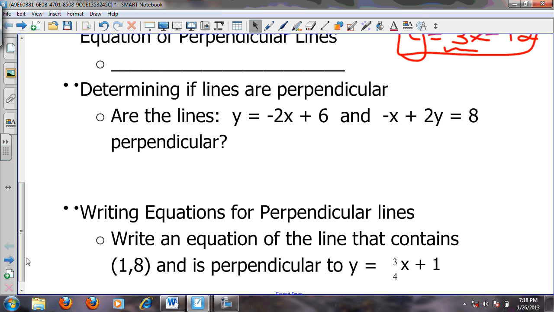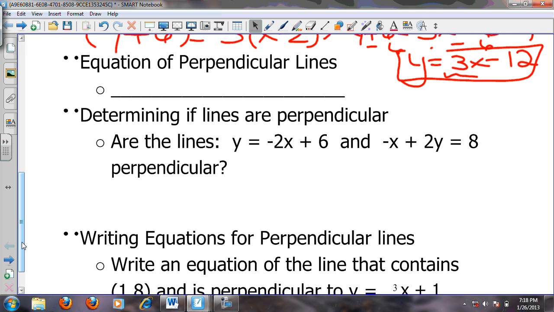So perpendicular lines have the negative or the opposite reciprocal. So let's look at these two lines. Y equals negative 2x plus 6, and x plus 2y equals 8. This is already in slope-intercept form.